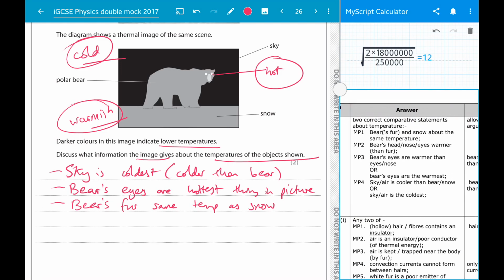You can say that the sky is colder than the snow. You could also say that the polar bear's fur is the same temperature as the snow. You could say that the eyes are hotter than the rest of the polar bear, but you can't say exactly what the temperature is. So don't say that one temperature is hot or cold. Say a comparative sentence, and they're there on the right-hand side for you to have a look.